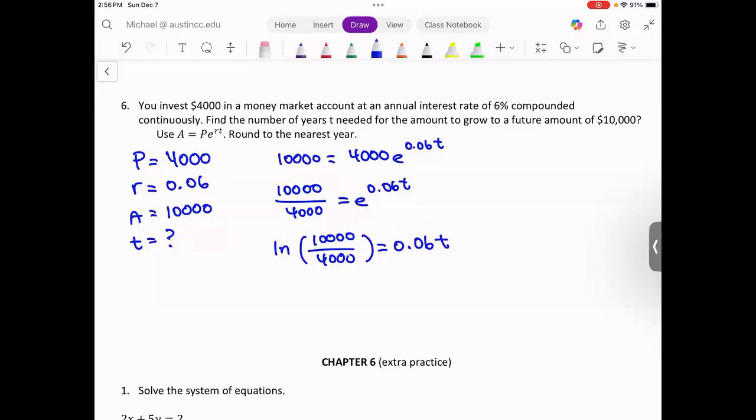The other way that I like to think of it is just take the natural log of each side. So if we take the natural log here and natural log here, that natural log and that e just kind of cancel out.